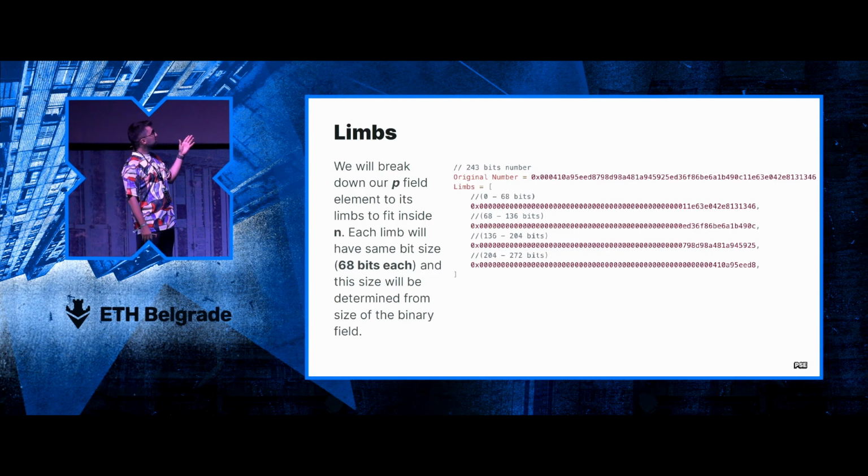In the first limb we keep the first 68 bits, in the second we keep the other 68, and so on, so we have 272 bits. It's already bigger than our wrong field, because our wrong field is 254 bits. Actually, the native field is 254 as well, but it's a little bit smaller. This way, we guarantee that we have a bigger field and more space for our numbers.